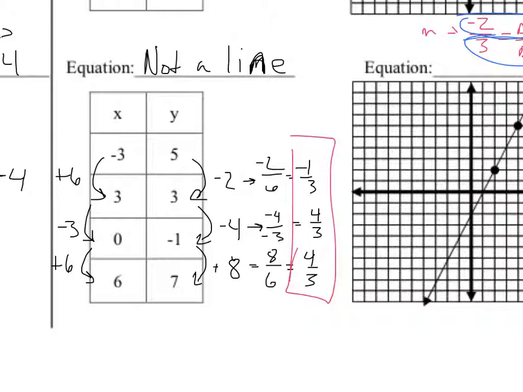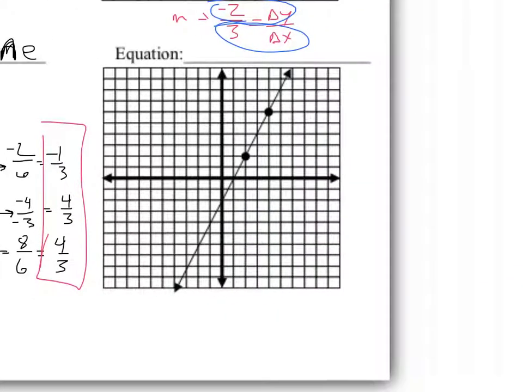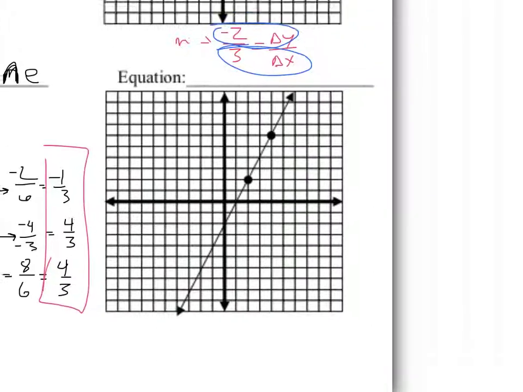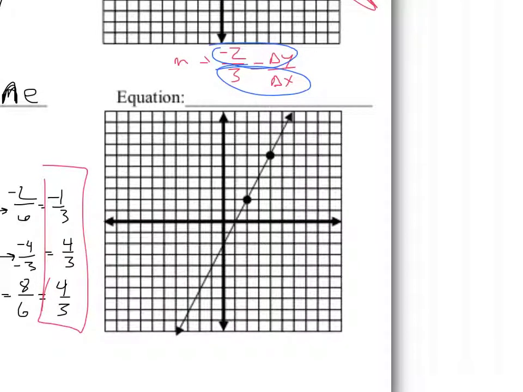All right. And the last one. All right, so we have here, I need to get this to y equals mx plus b. What is my b here? Isabel, what's my b?